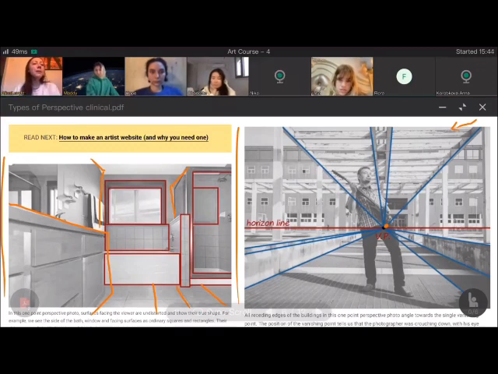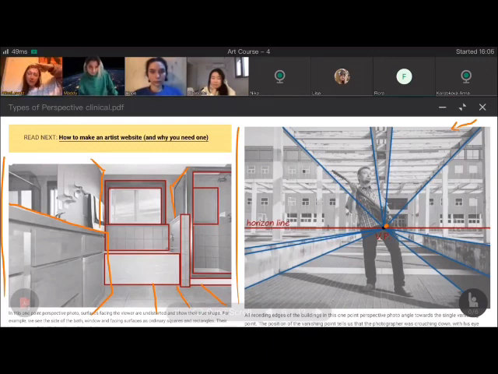So I'm going to tell you about this picture on the right. It's a musician playing somewhere on the walkway, or maybe it's a little bridge. And it's very hard to understand what the vanishing point is. So I'm going to tell you that the vanishing point is where your eyes meet the top part of the image and the bottom.